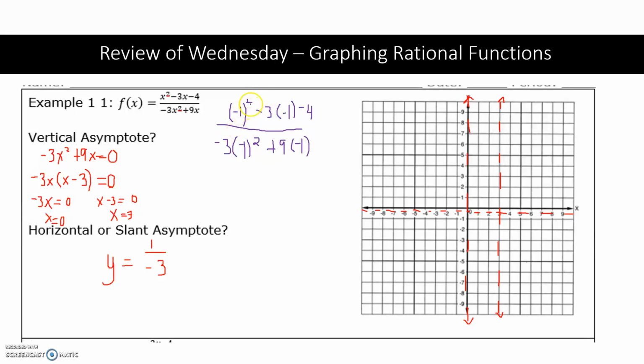So we have negative 1 squared, which is 1, and negative 3 times negative 1, which is 3, so I have 1 plus 3 minus 4, so that's 0 on top, and it doesn't matter what's on the bottom, but that's negative 3 minus 9, which is negative 12. But that's 0, so negative 1, 0 would be about right here.